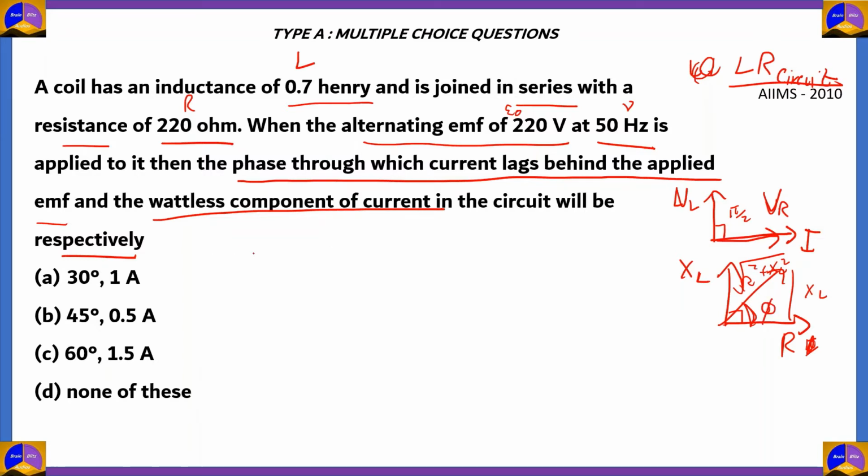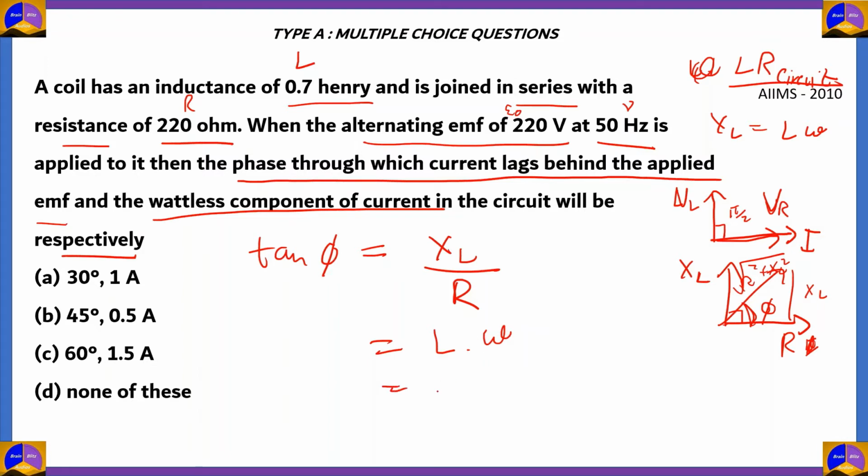In order to find the phase difference, we use trigonometry. Tan of the phase difference, that is tan phi, is equal to opposite divided by adjacent, so XL divided by R. What is XL? XL is the inductive reactance, which has the value L omega: inductance times the angular frequency.